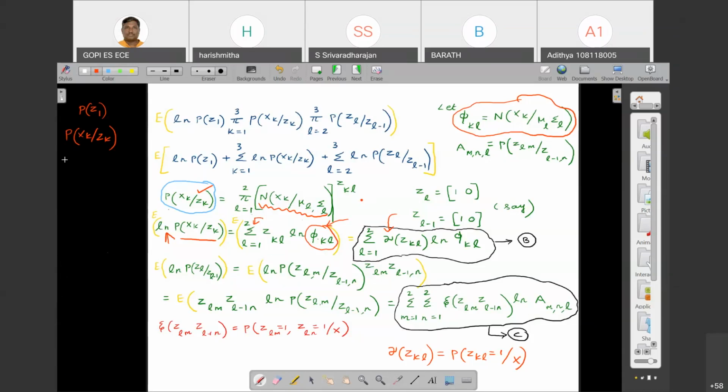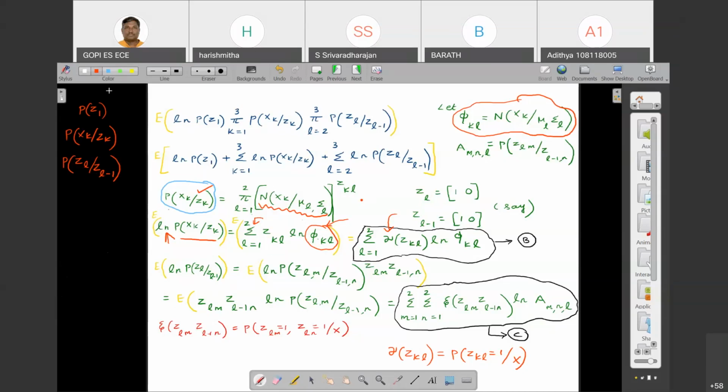And then we have the third set of terms, which is basically the transition, zl given zl minus 1. This is the third set you are having. Now the same way we have to attack this problem. So now what you are going to do is take this logarithm and then take this expectation. The same method you are going to do now.